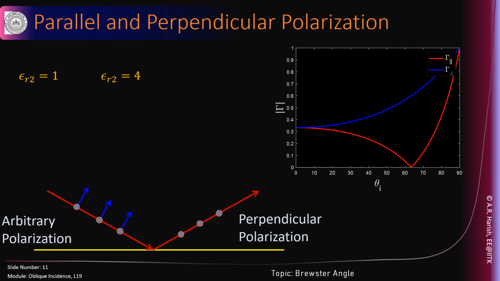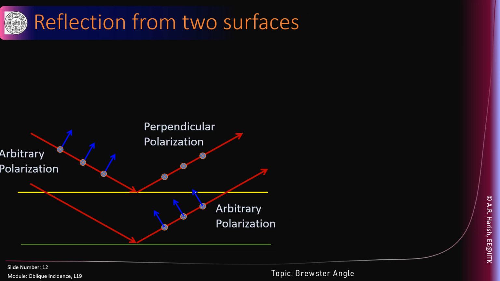Let's take one example. Here we have two surfaces. Imagine that the top surface is a surface of glass, bottom is some board or something, some surface on which the glass plate is kept. Now the reflected light is polarized if it is getting reflected from the top surface because it is glass.